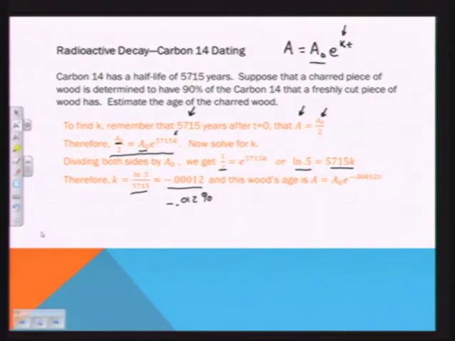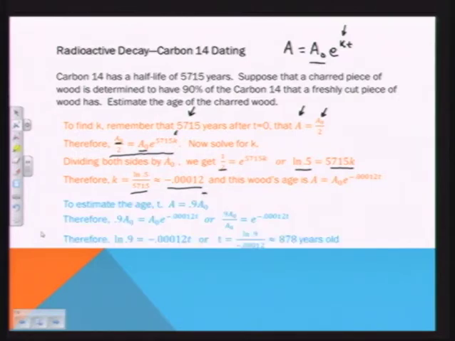Okay, now we can get the wood's age at that point by saying, all right, A, the amount, equals 0.9 times A sub 0. Remember, we're estimated to have 90% of the carbon-14 left. So the amount today is equal to 90% of the amount that it started with.